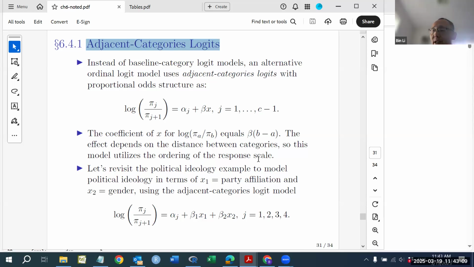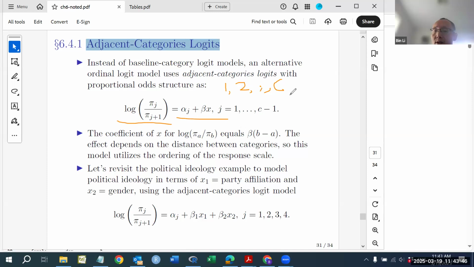Instead of comparing with a baseline group, it compares with its adjacent group. For example, we have C categories, so let's index them category 1, category 2, up to category C. So we can model the log of pi j over pi j plus 1 using this.